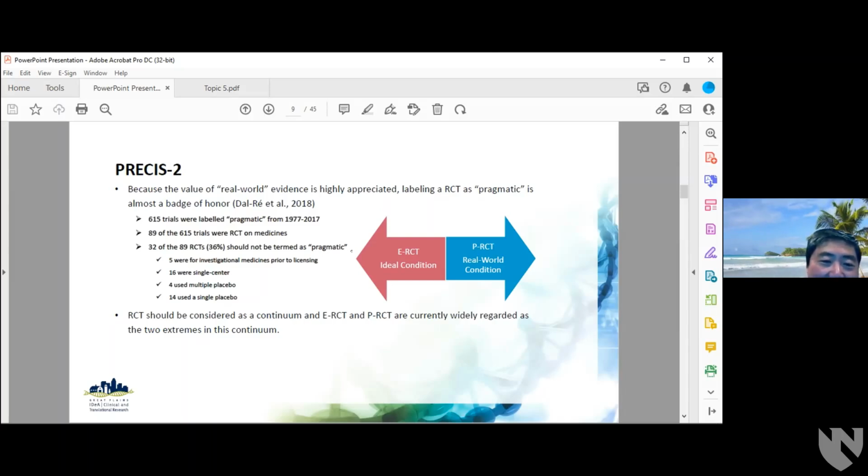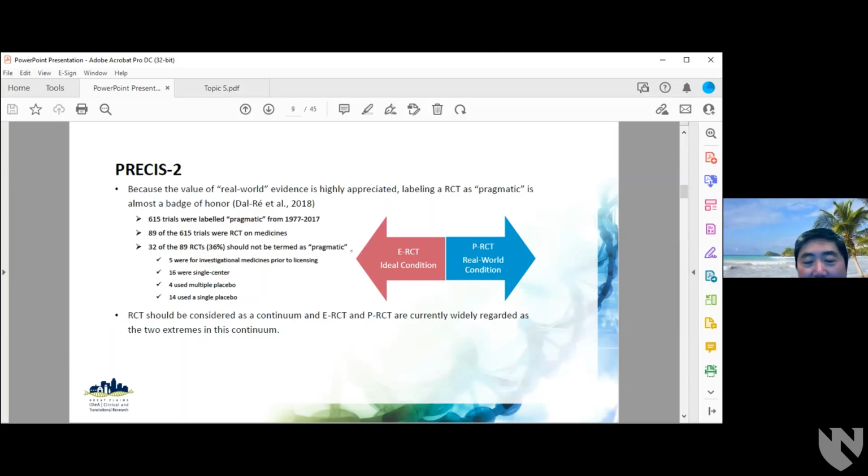Among these 615 trials, obviously a lot of them may indeed be pragmatic trials. But if you're talking about something related to medicine, they found 89 out of 615 were medicine trials. Among these, as you can see, 36% should not be termed pragmatic. Some trials are basically investigational medicine even prior to licensing, so they cannot be immediately applied to usual care.